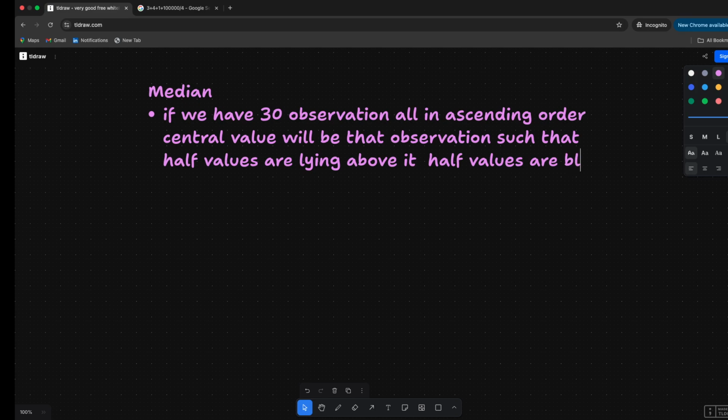So the only advantage is that here we are not taking into consideration the addition, right? We are basically arranging the values and trying to understand where the middle is based on the number of values that we have. So this does not have a significant effect from outliers, right? Suppose instead of 30 you have 31.